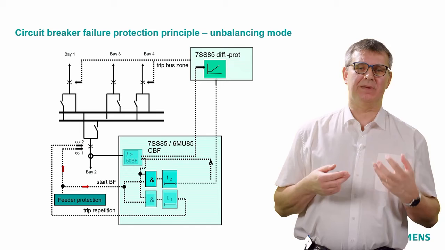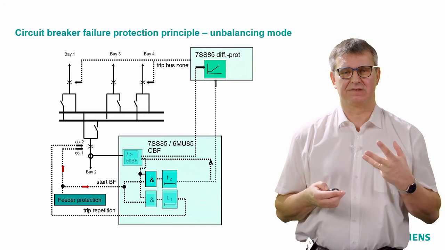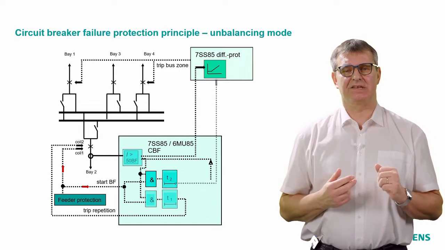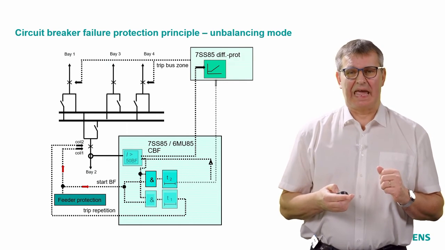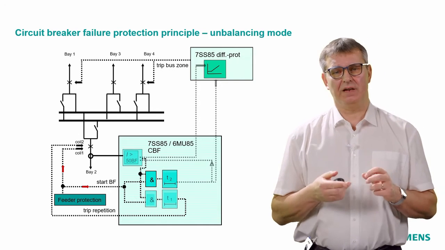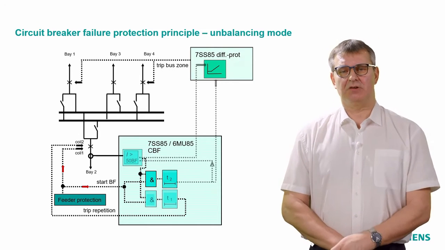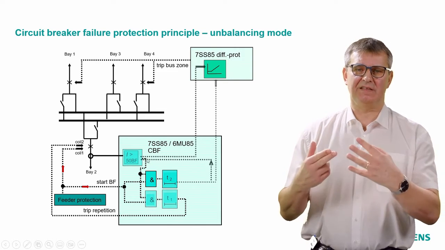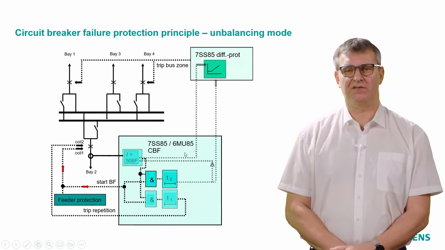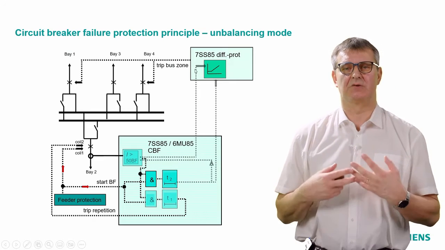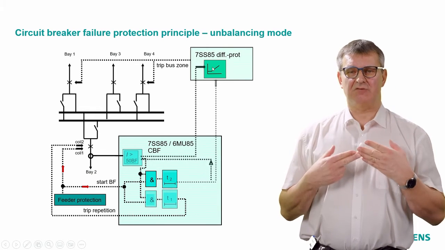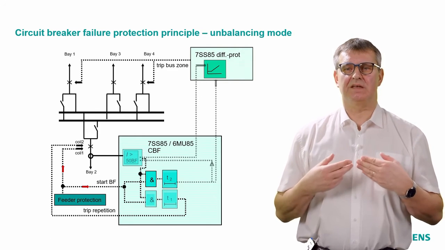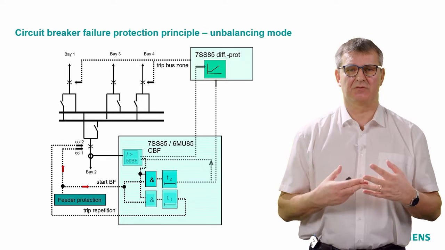And in this unbalancing mode we are doing something different. We are sending a signal to the 7SS85, and in parallel you see here the current threshold. This current threshold will be sent to the 7SS85 function group busbar, to the characteristic, and this current threshold multiplied by 2 will be the minimum differential current threshold.